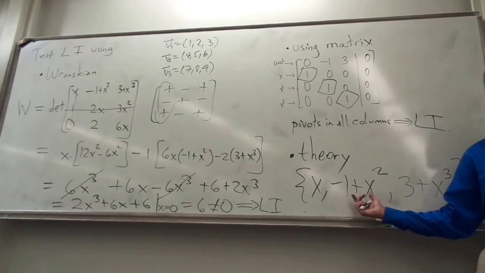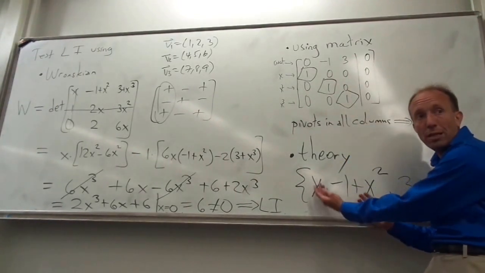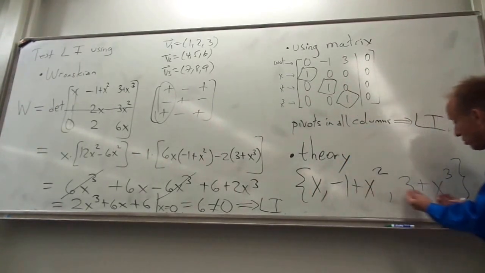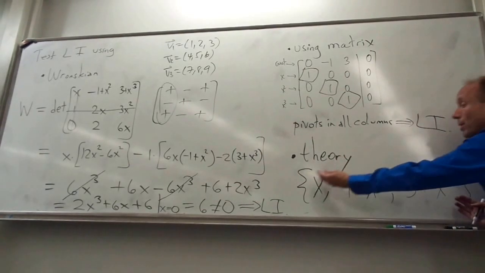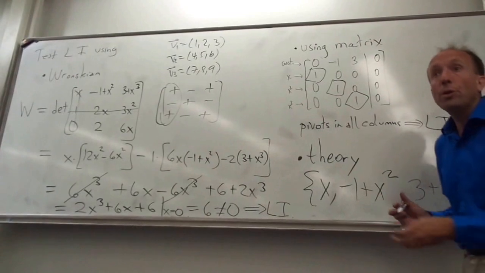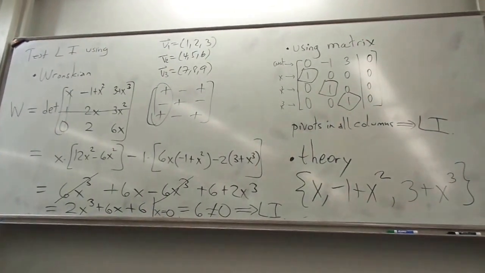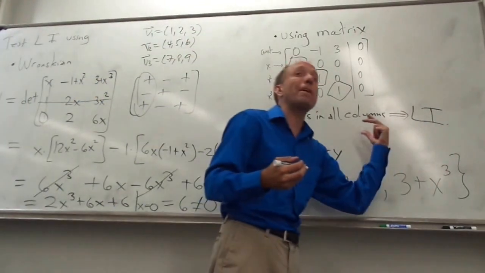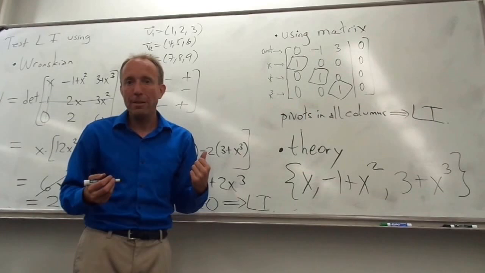You can never get past x squared. You don't have any x cubes in either of these polynomials to begin with. So this new polynomial that you now have is surely not expressible using the first two. So the first two were Li to begin with, and you've now added a new vector which definitely did not create any linear dependencies.